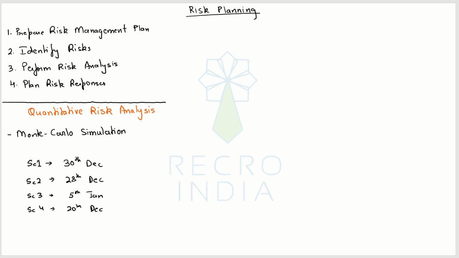These are just 4 scenarios, but understand that I could be looking at 10,000 such scenarios, and every scenario gives me a different end date for the same project, because of the different variables that the system is randomly changing.